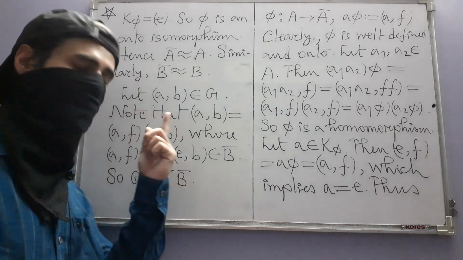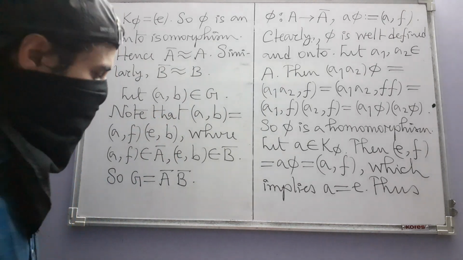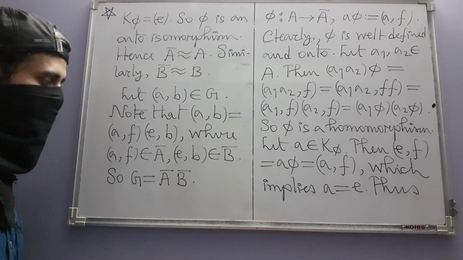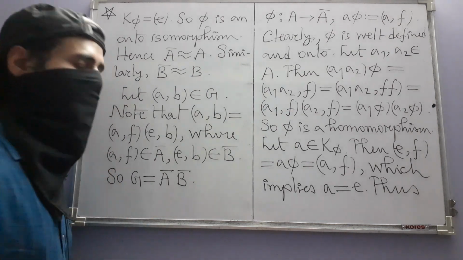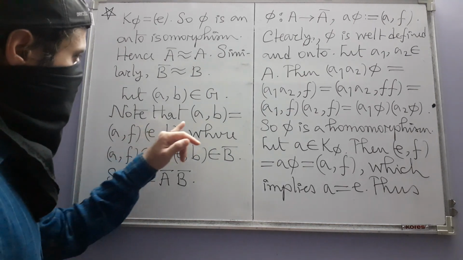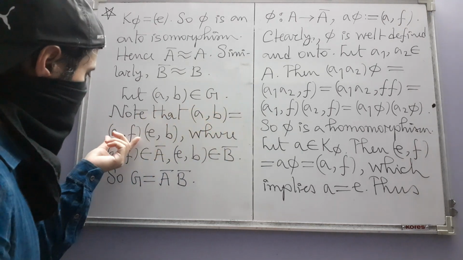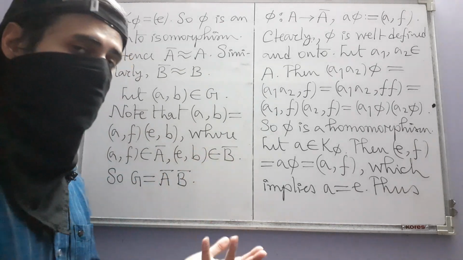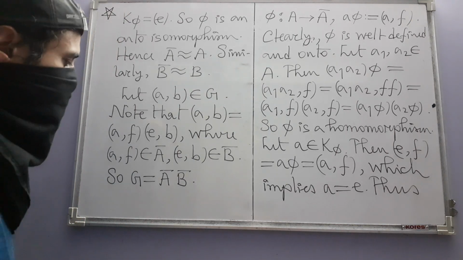This product is that product HK of two subgroups in a group, and in fact that's what it is. We have shown that G is equal to A bar B bar. But besides all these things, something else is also true. The representation of an element, any element in G, as a product of an element of A bar and an element of B bar actually is unique. That fact is also there. So let us next show that.